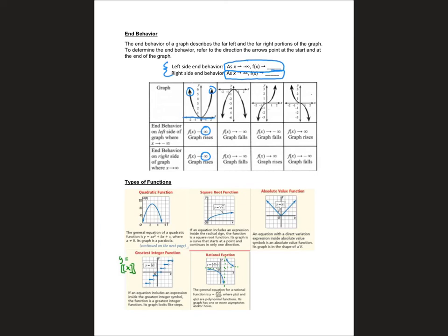In example 2, we can see that as x gets smaller, so as I go further and further left, my y values are getting smaller as well because they're going down towards -infinity. As I go further and further right, my y values are decreasing, and it's again going towards -infinity.